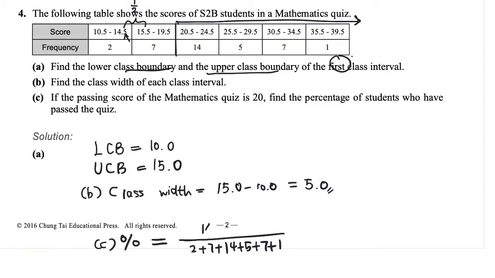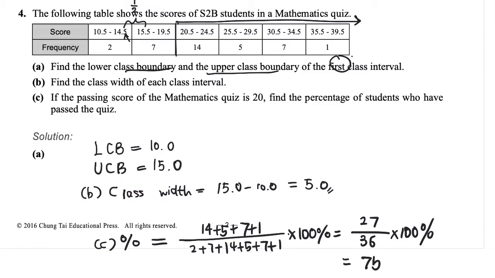But for those who pass, only could be these. So you have to multiply it by 100%. Okay, so here we will see it, which equals 27 over 36. So at the end, you will have 75%, like this.